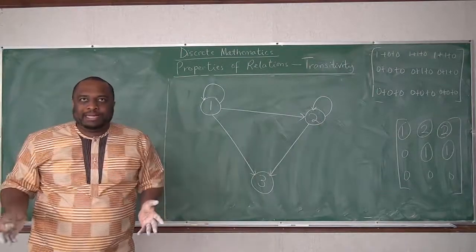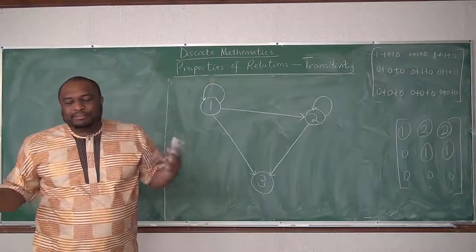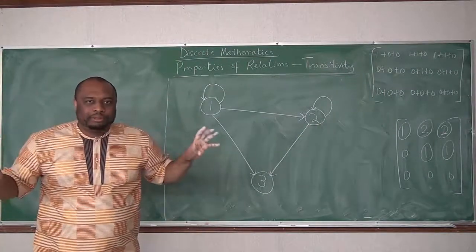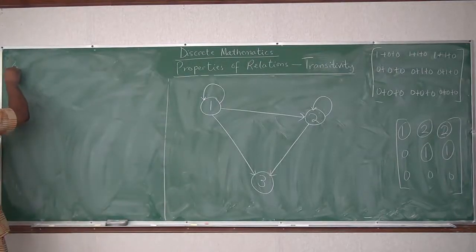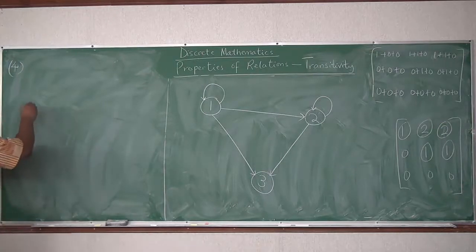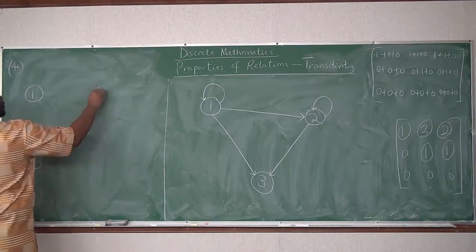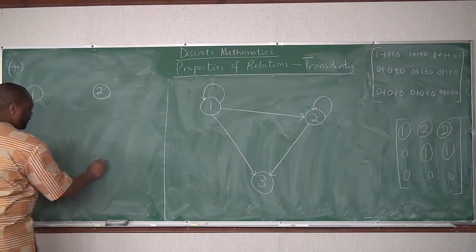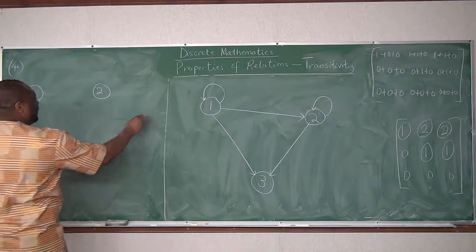I can just look at it that way and find out, because sometimes it's also used by inspection. I will say just the inspection method to find out. So we have a digraph here. We have 1, we have 4 here, we have 2, we have 5, and we have the 3 here.